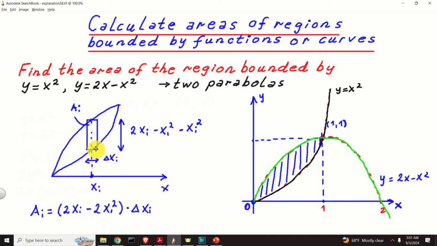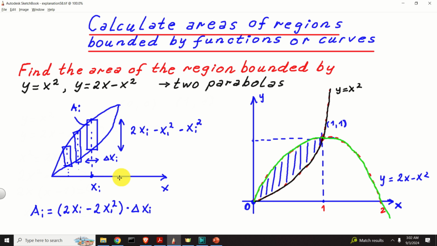Now, this region can actually be computed, or better to say, approximated as a sum of these small rectangles. Namely, we can construct a similar rectangle over here for a certain xi, then over here we can do the same, and we can segment this whole region by these small rectangles, and then we can sum them together and we can approximate this area.